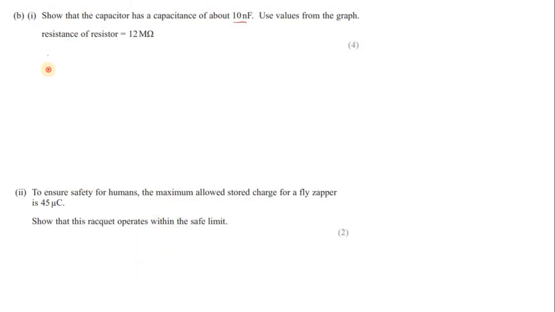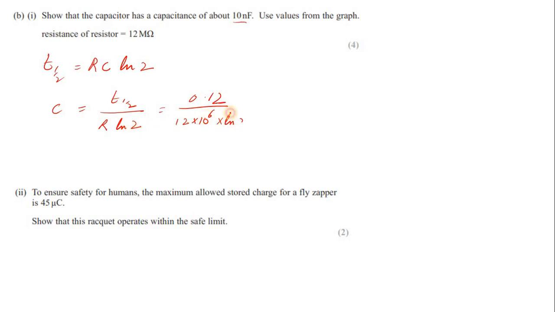So we know that half-life T half is equal to RC ln2. That means capacitance is T half divided by R ln2, and now T half we have found is 0.12 divided by R. R is 12 mega, 10 to the power 6, into ln2.